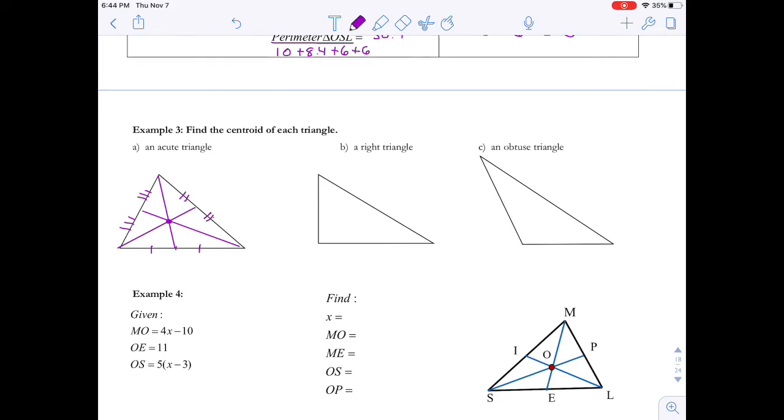If we look at this for a right triangle now, same thing, dropping down from vertex to midpoint, from vertex to midpoint, and from vertex to midpoint. Congruent sides.